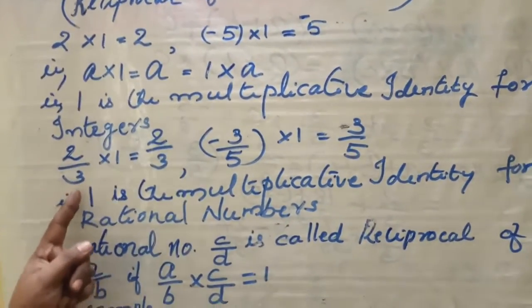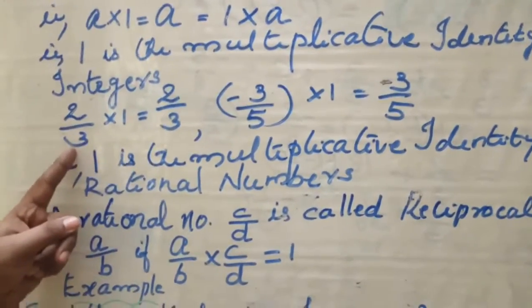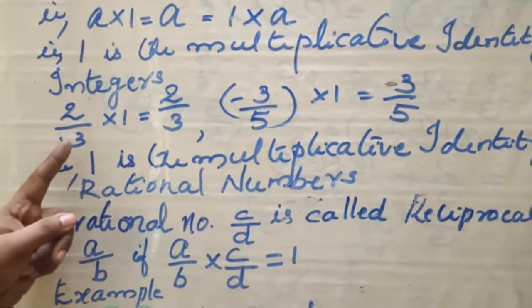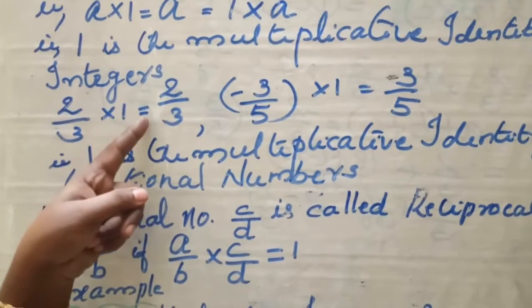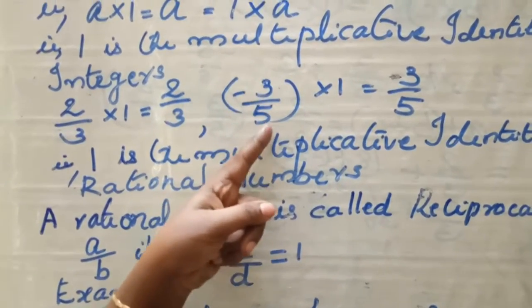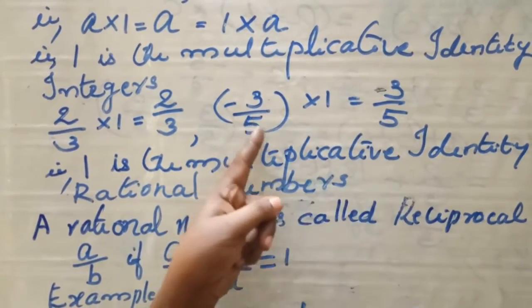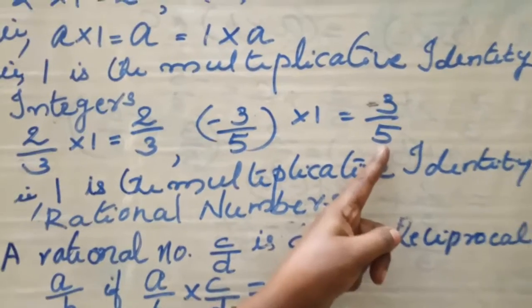Similarly, here we consider 2 by 3 into 1. What is this 2 by 3? A rational number. A positive rational number we can say. Into 1 equal to the same number 2 by 3. Minus 3 by 5, that is a negative rational number. Into 1 we get the same number, minus 3 by 5.